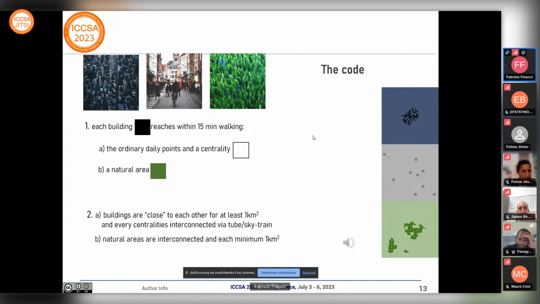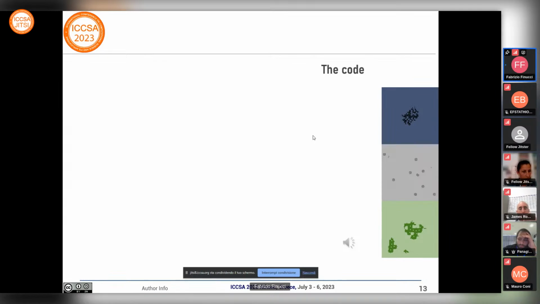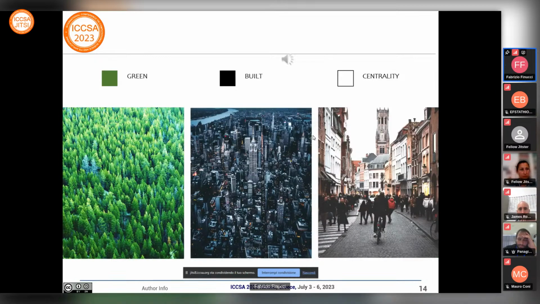Okay, sorry. So in this slide, you can see the simplified version of the model, which is based on just 3 different types of cells: the green, the built, and the centrality, where for the built we mostly mean residentials.